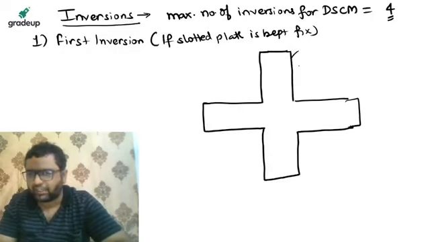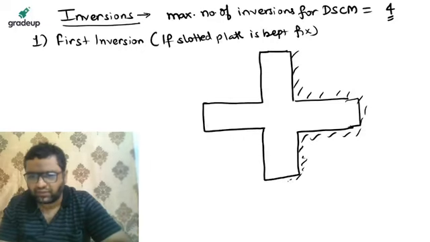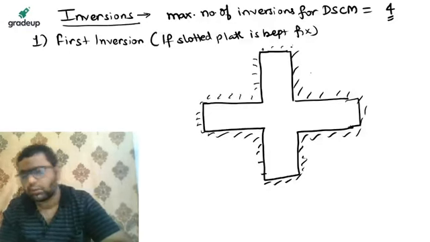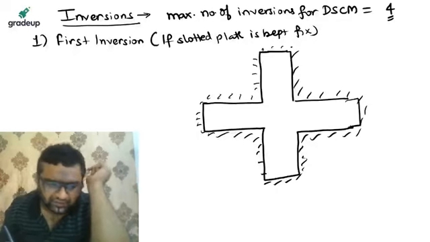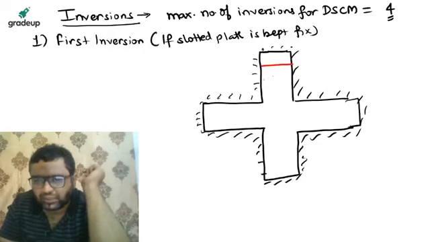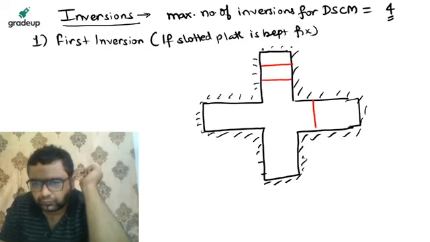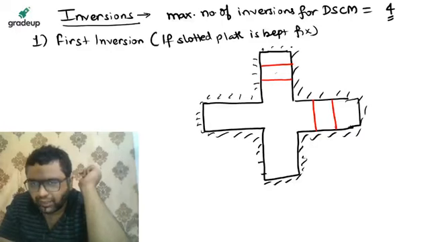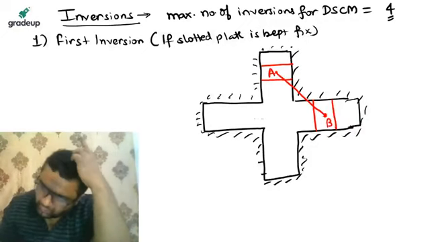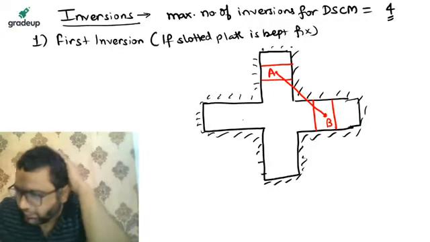We keep the slotted plate fixed. On this plate we will have two sliders, connected with one link. Let us say this link is AB.